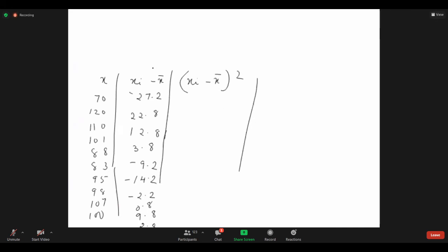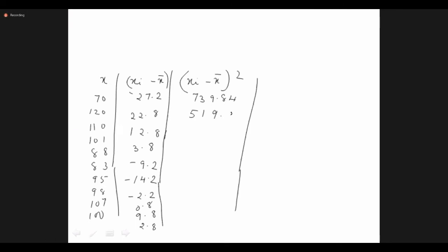Now we will square all these. Squaring, you will get the values; you do it yourself, I will write the values only. The squares are 739.84, 519.84, 163.84, 14.44, 84.64, 201.64, 4.84, 0.64, 96.